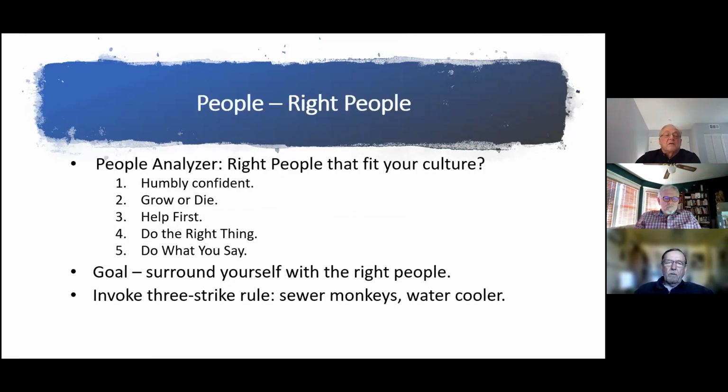The next component is people, the right people in the right positions. And on the right people, they kind of evaluate everybody based upon 5 factors. And you can include more factors if you want, but they have: humbly confident, grow or die, help first, do the right thing, do what you say.